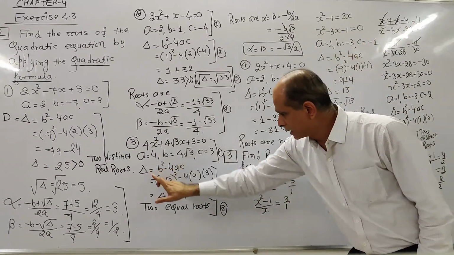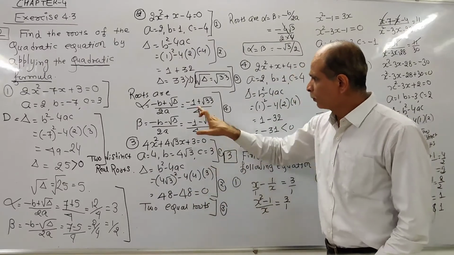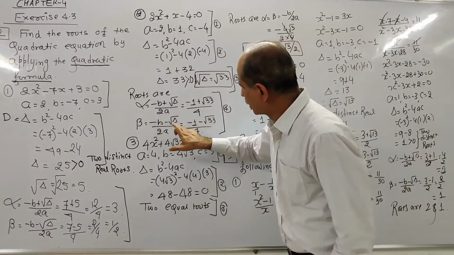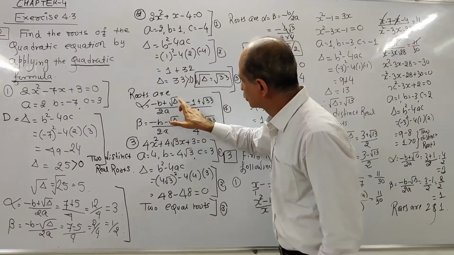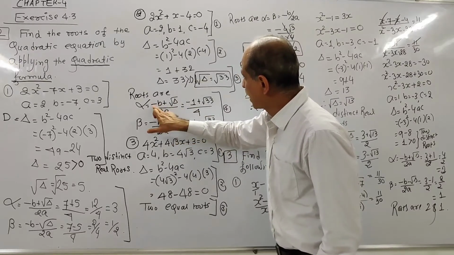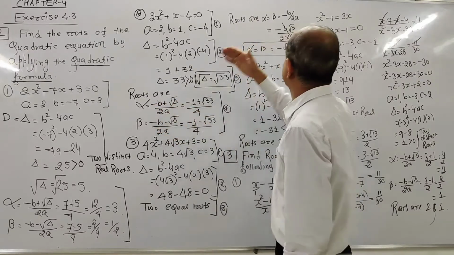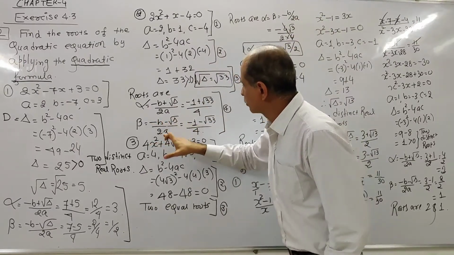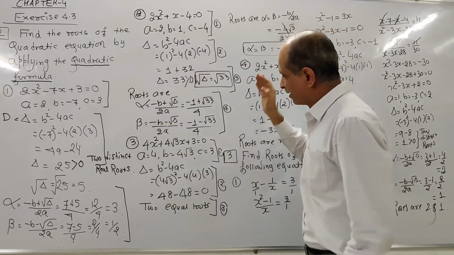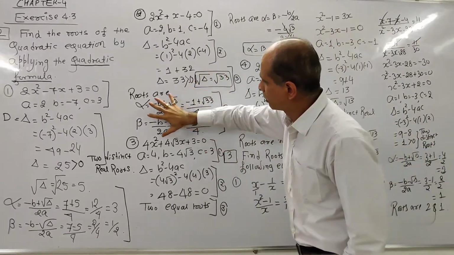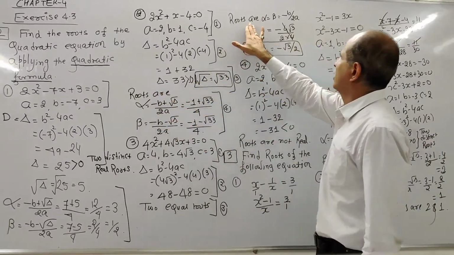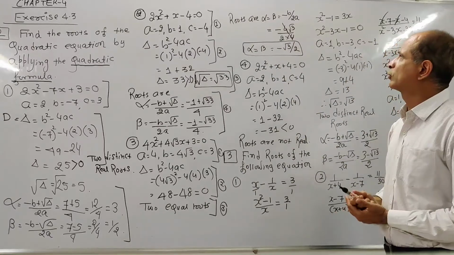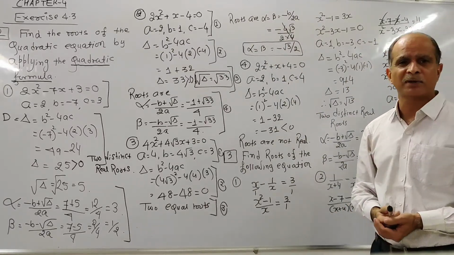Though the value of delta is under root 0, if you write under root delta, under root 0 means minus b plus 0 by 2a, you get minus b by 2a. Minus b minus 0 by 2a, again you get minus b by 2a. So there is no need to write the whole formula of alpha and beta. Here you can write roots are alpha is equal to beta is equal to minus b by 2a.